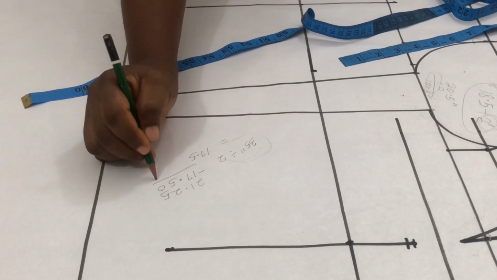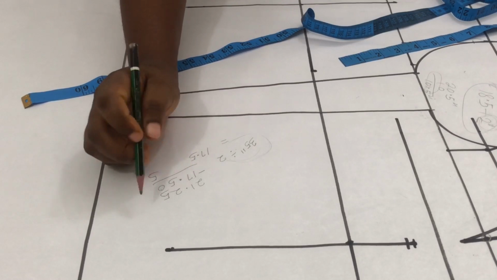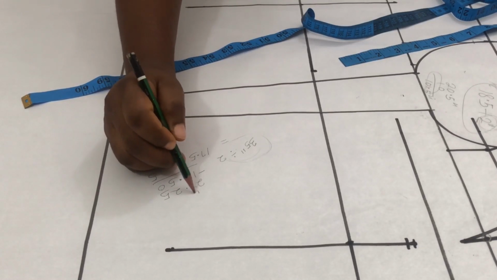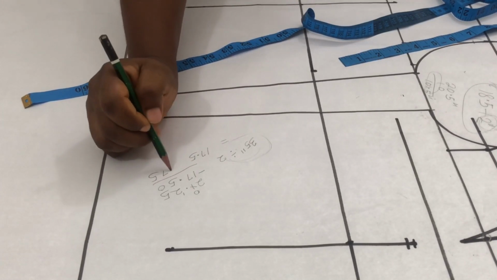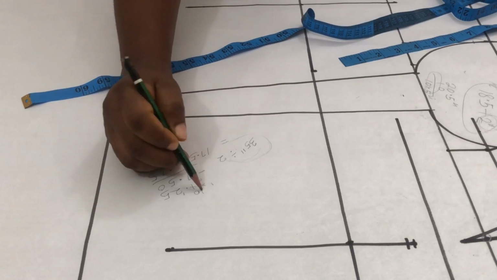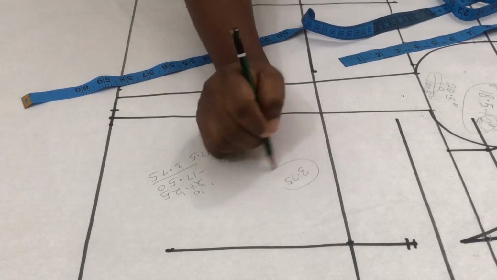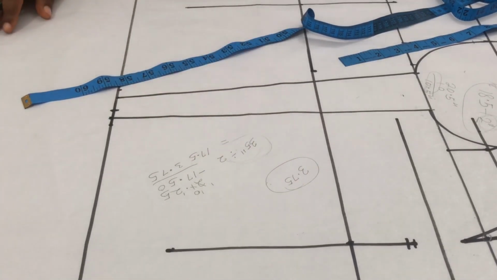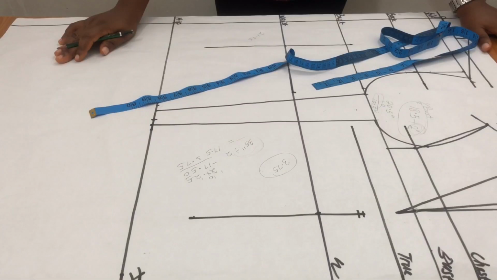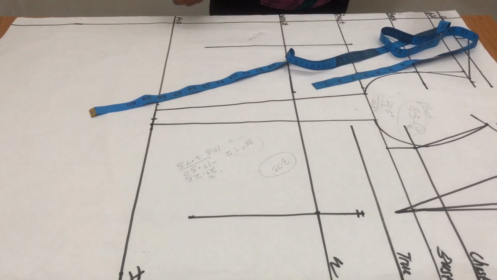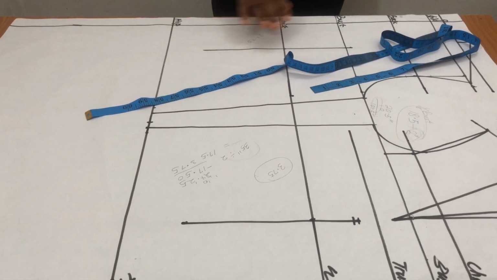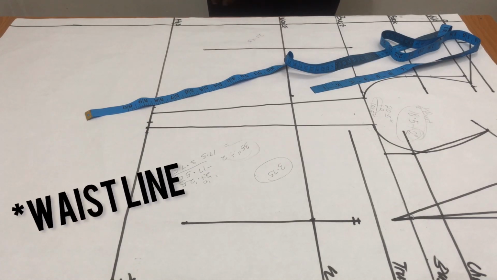Use your calculator, please. Okay, so I have 3.75 as the excess I need to reduce. I need to remove 3.75 as my darts along this back line.